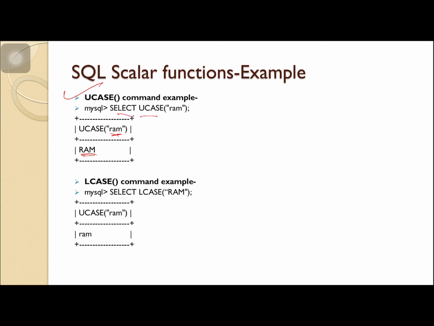The command is select ucase, and within the parenthesis you can write either any string or the name of any column. If you give the name of a column, then a set of rows will be returned, depending on the number of rows in that column. I have given only a single string.